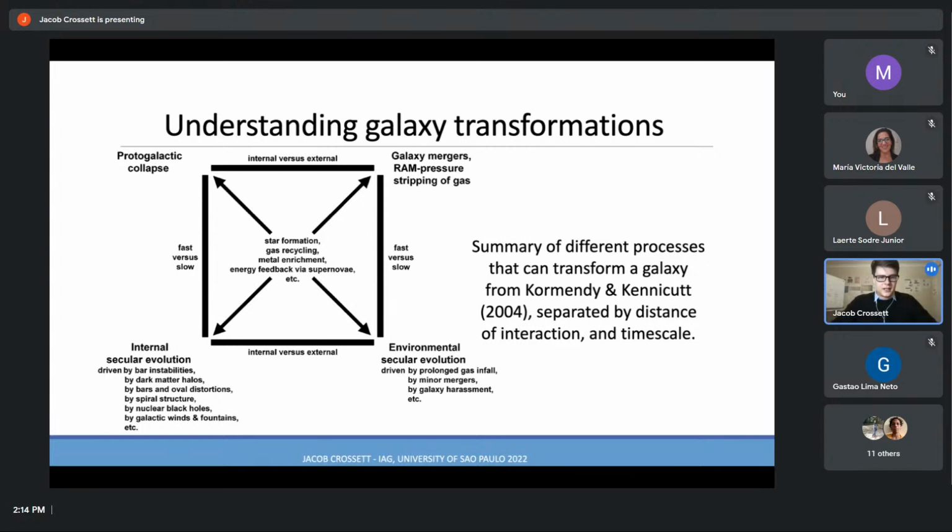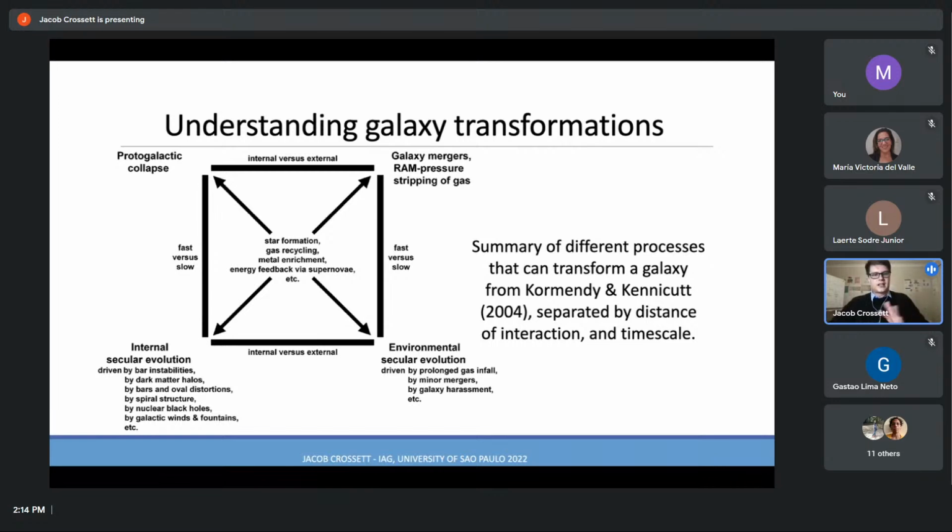And it's divided in this square, with the top being fast processes, which happen very quickly, quicker than either a cluster crossing timescale or a dynamical timescale or rotation timescale, or just generally quick in cosmic terms. And then the bottom are the slow, or sometimes called secular, processes, which take a lot longer cosmically compared to the other ones.